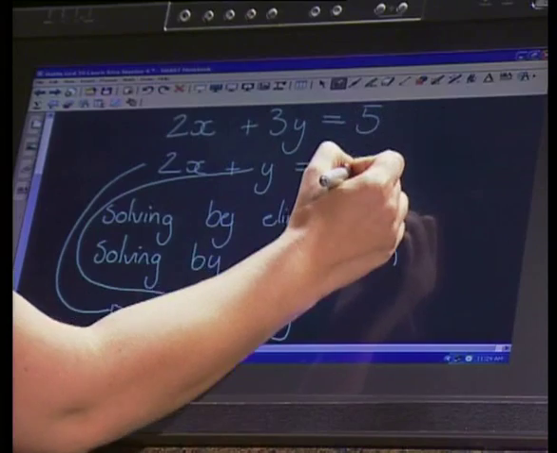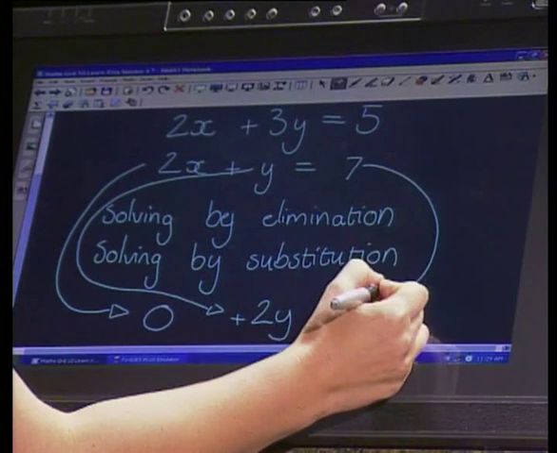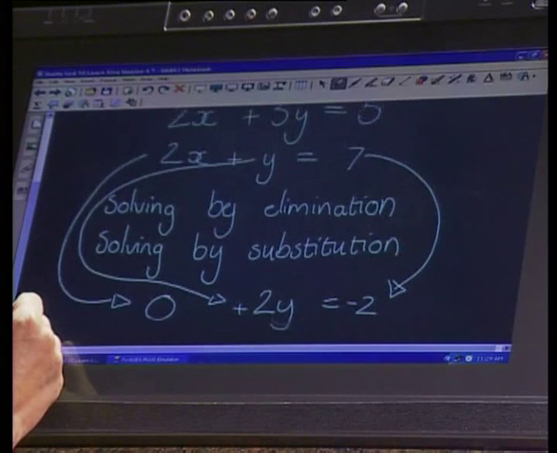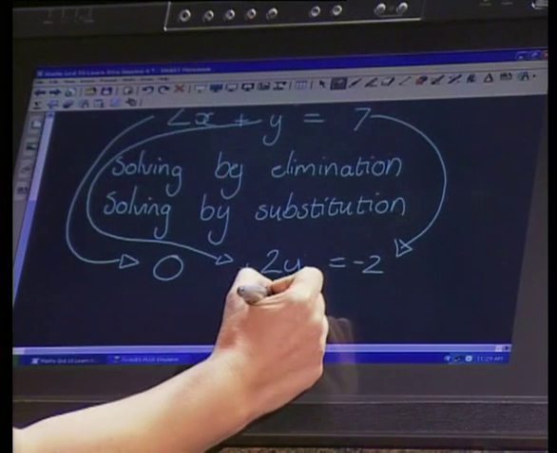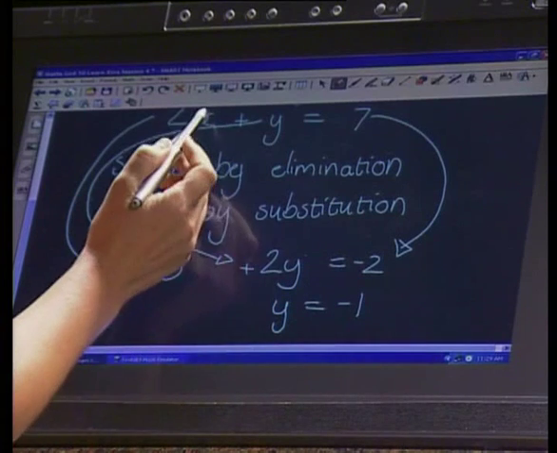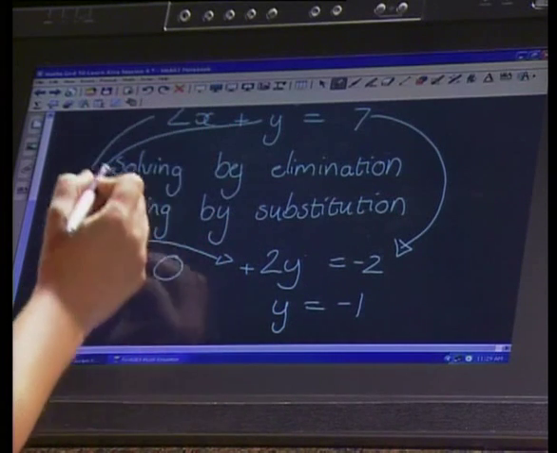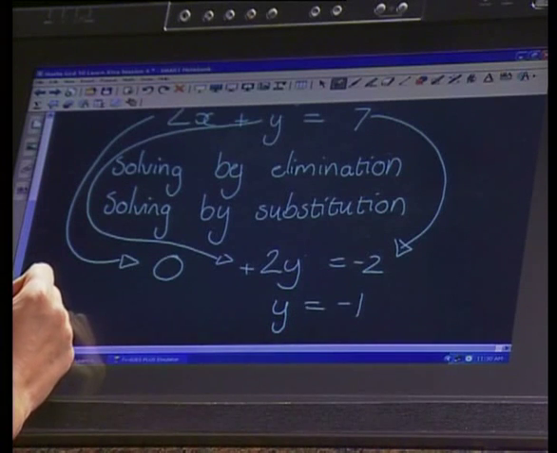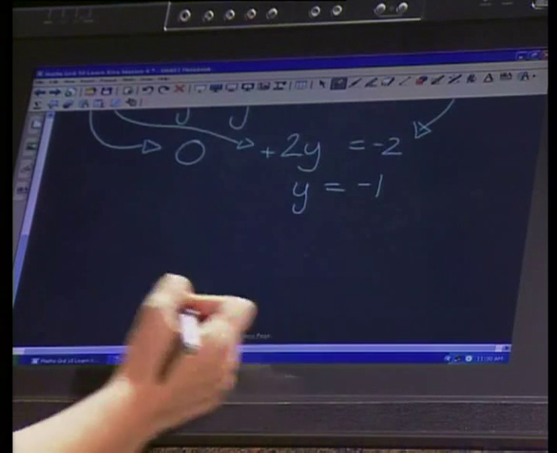And 5 minus 7 is going to give me minus 2, which means that y is going to equal minus 1. So I've eliminated the x by subtracting the two equations, and I've gotten an answer of y is equal to minus 1. How do I find out what x is equal to?